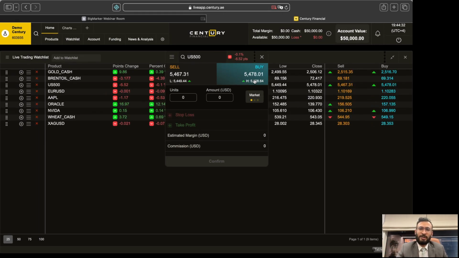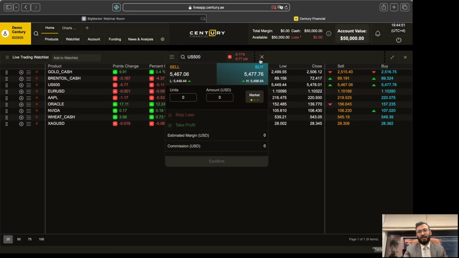If the index is up, it means the 500 companies on average in that basket have performed well. If it is down, most of the companies in that index are not performing well, which means the stock prices have declined.